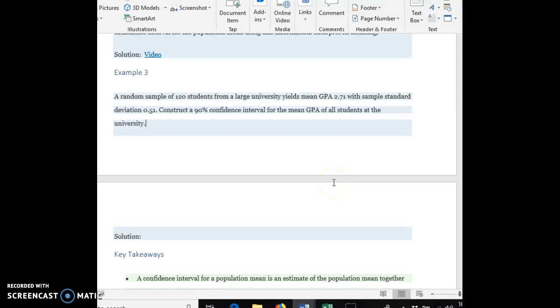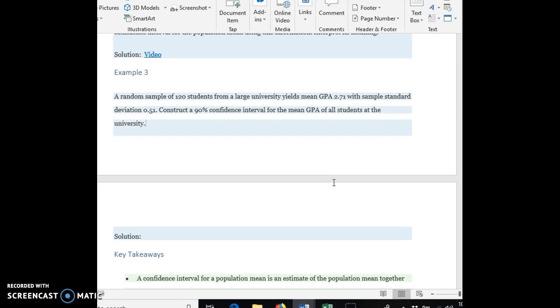This time, let's look at example 3, and we'll do a confidence interval where it actually applies to a certain situation. A random sample of 120 students from a large university yields a mean GPA of 2.71 with sample standard deviation 0.51.